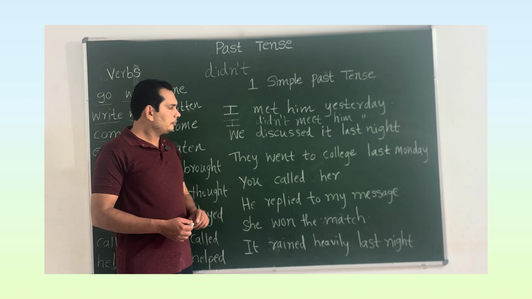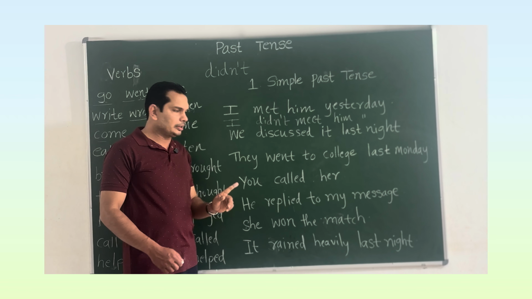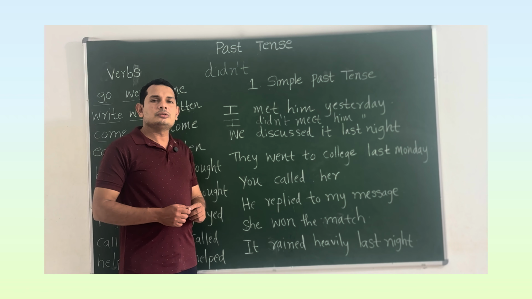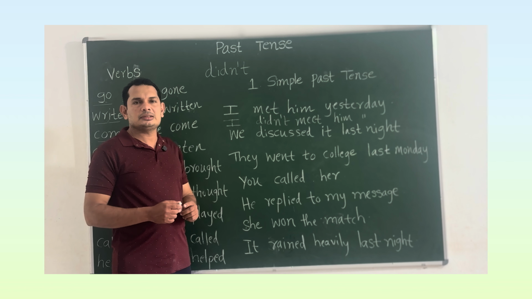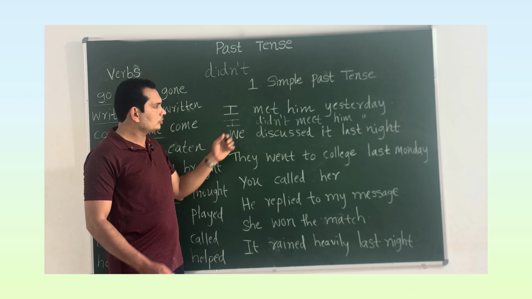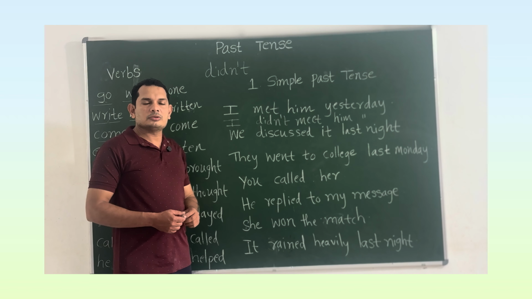We use didn't with all these pronouns I, we, you, they, he, she, it. But in the simple present tense, we use the auxiliary don't with I, we, you and they, and doesn't with he, she, it. Here it's the same. We have to write didn't with all these pronouns.